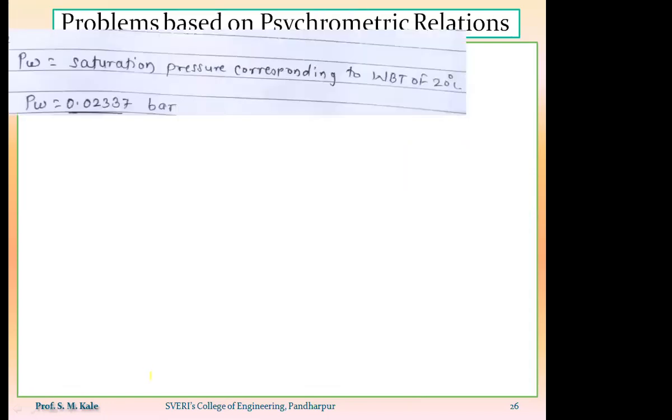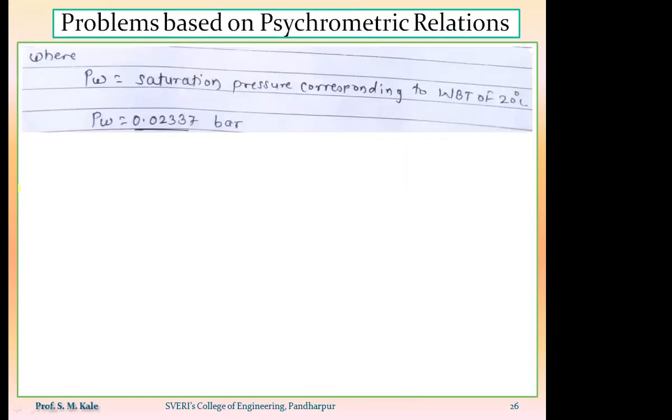So here from the steam table I have found out, or I have told you how to find out. As the wet bulb temperature is 20 degrees centigrade, the corresponding pressure is 0.02337.